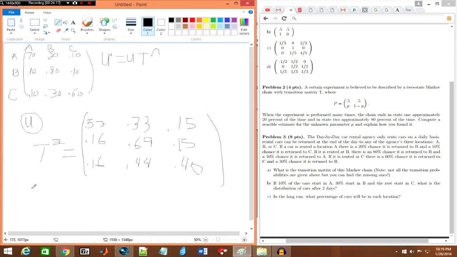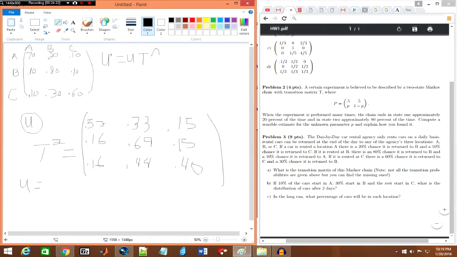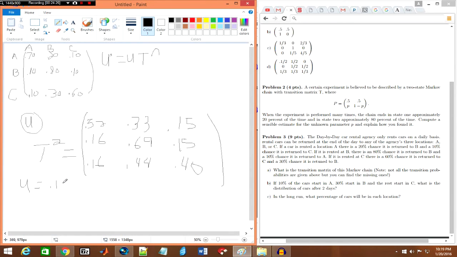Now, U in this case is our starting distribution, and that is 10% of the cars start in A, so that's the start. I'm going to let this be A. And 30% start in B. And the rest start in C. That's our starting distribution matrix.